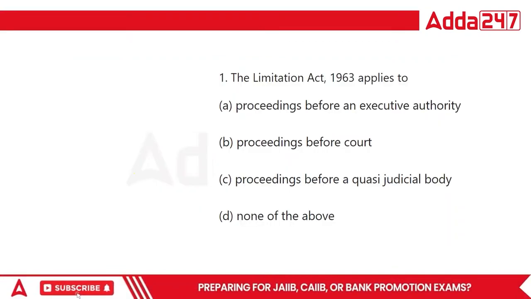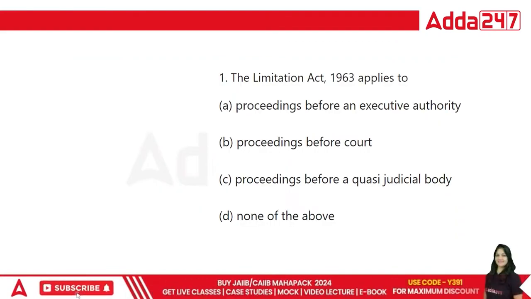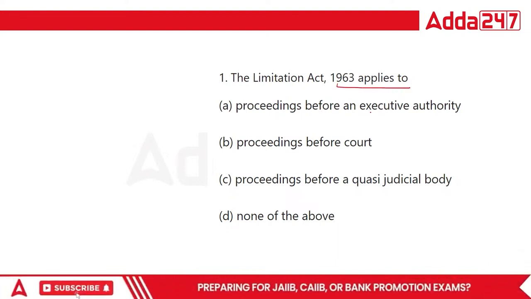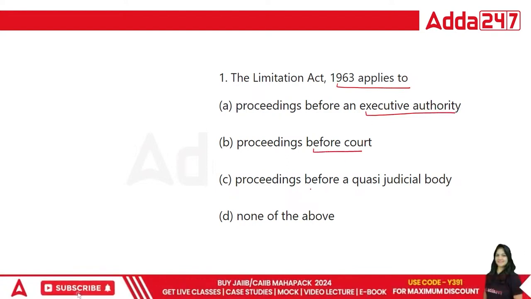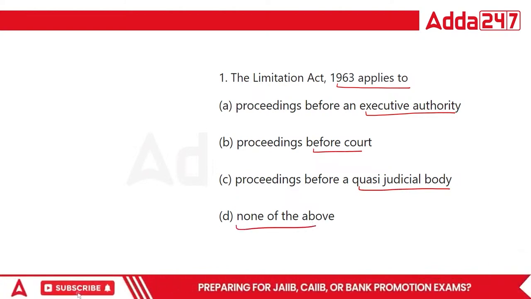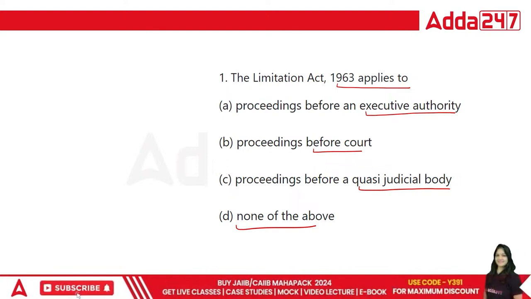The number one question on the screen is: the limitation applies to what? Proceeding before an executive authority, proceeding before a court, proceeding before a quasi-judicial body, or none of the above. These are very, very important questions, guys. So what will be the right answer for this question? Tell me.